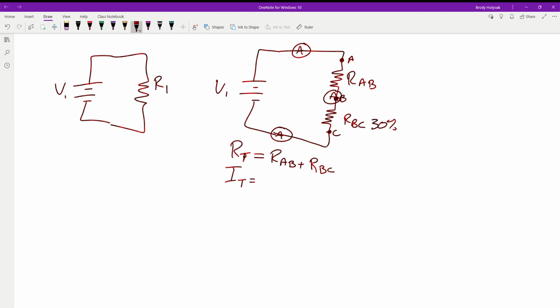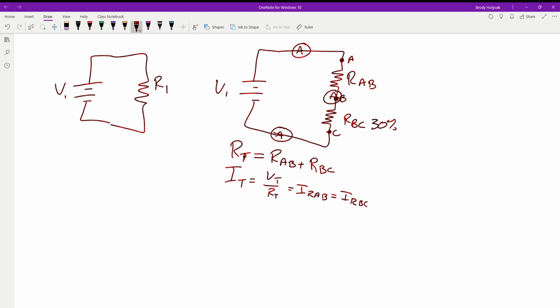Okay? So as we were talking about yesterday with Kirchhoff's voltage law, whatever voltage we have coming in has to be the same voltage that is being dropped or used on our output. So when we solve for these currents, we can solve for our current with that formula. That's equal to the current through RAB, and that's equal to the current through RBC.